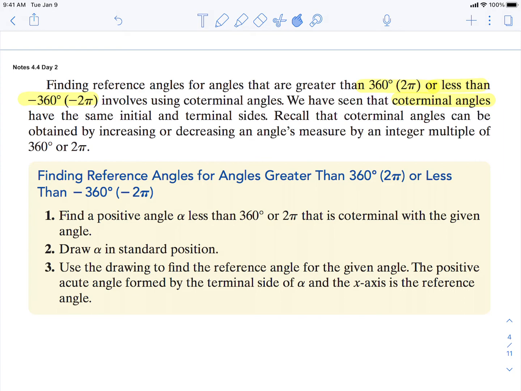So here are the steps. You want to first find a positive angle alpha that is less than or equal to 360 degrees or 2 pi. Then draw that angle alpha in standard position, and then you find your reference angle like we've done in the previous examples.